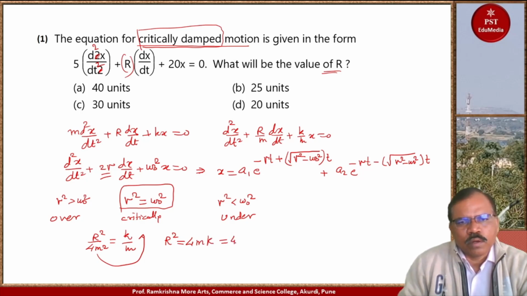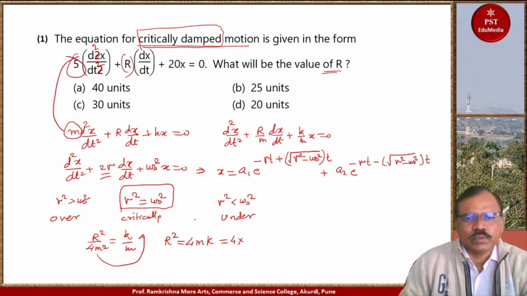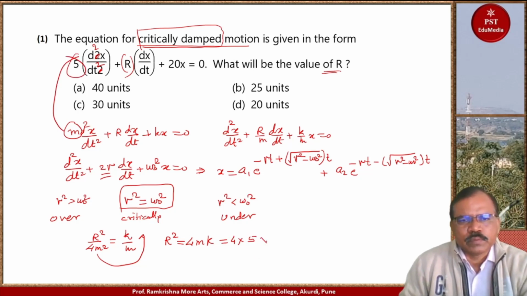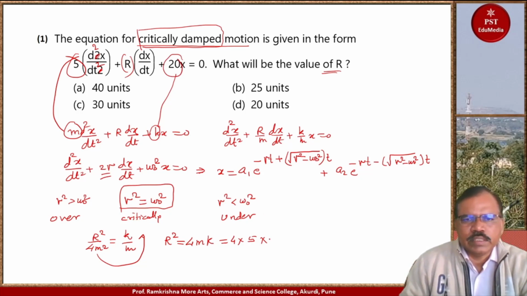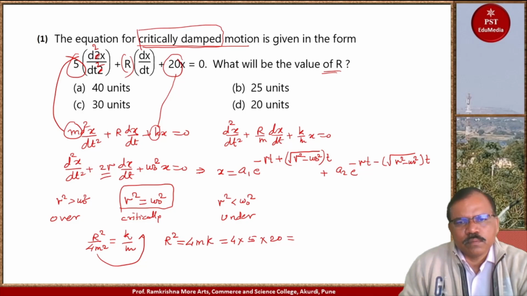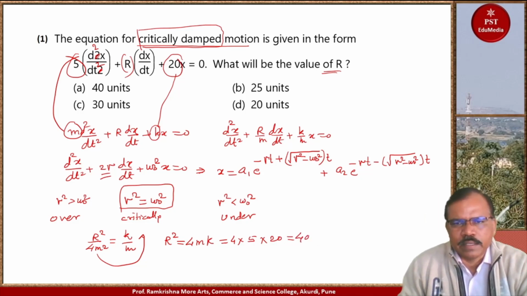Now mass m here is 5, and k here is 20. So 5 into 20 is 100, into 4 is 400.